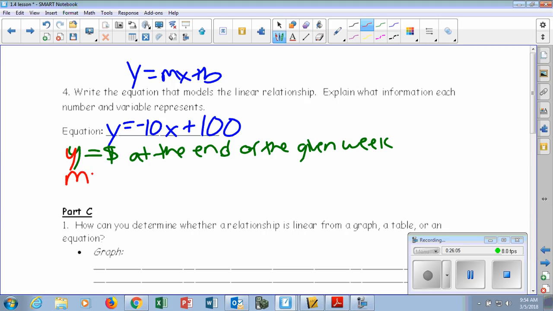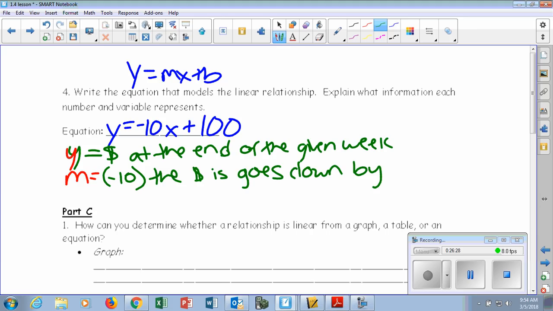Brayden, what would my m be? The money that it goes down by. Okay, so my m is negative 10, right? And that is the money it goes down by each week. Perfect, which is also like saying our constant rate of change.